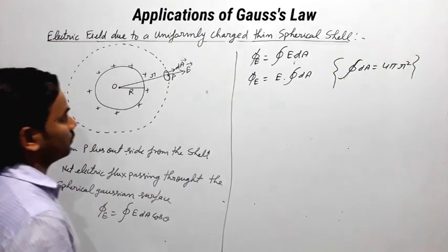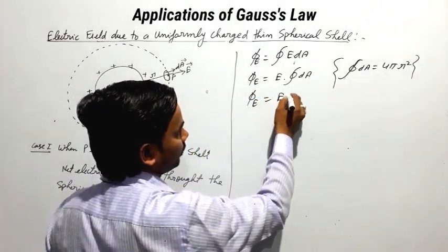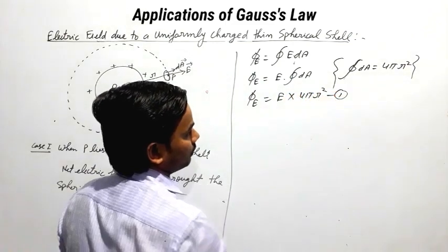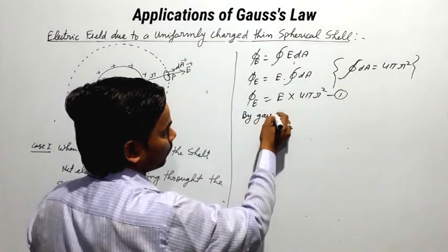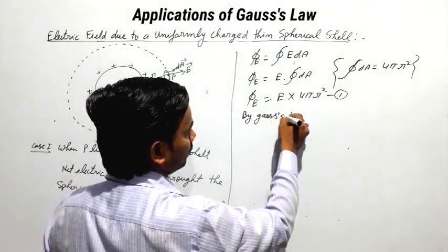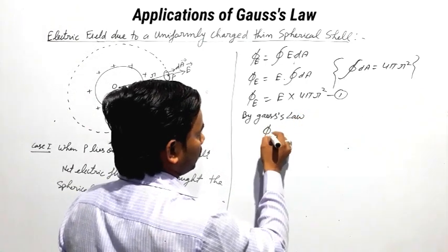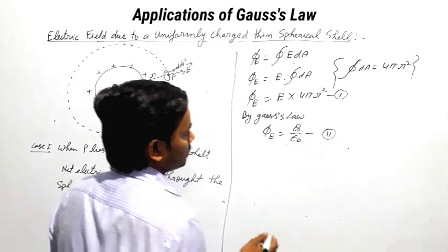So phi E equals E into 4 pi r square, this is equation 1, and by Gauss law phi E equals q upon epsilon naught, this is equation 2.